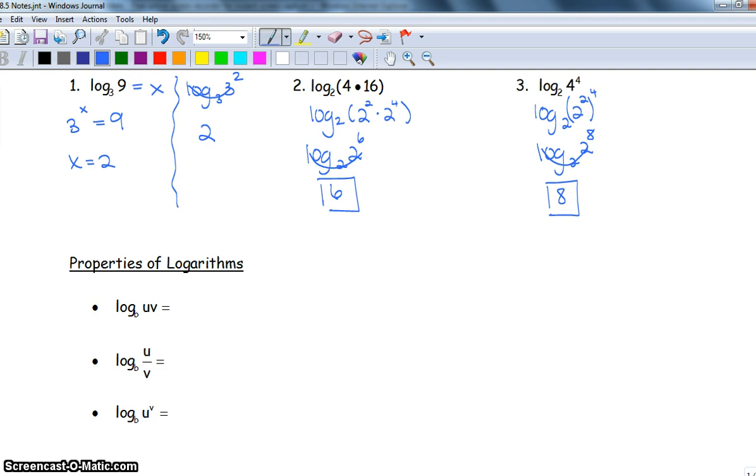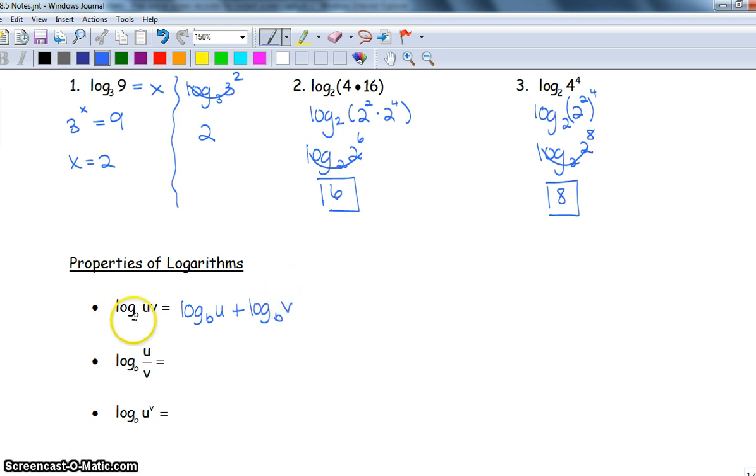Alright, so moving on to 8.5, there are 3 properties that are associated with logarithms. If I've got log base b of u times v, what I'm going to do is separate this. I'm going to break it into 2 pieces. If I'm multiplying, that means I can break it into 2 pieces where I'm adding.